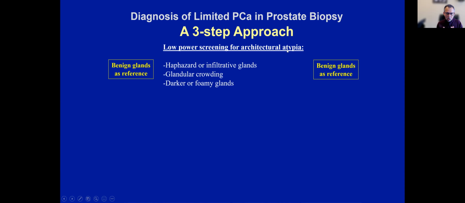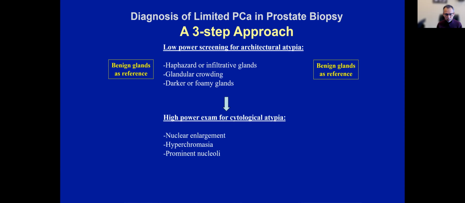Whenever you rotate to GU service and work with me, I always emphasize that you screen the prostate biopsy at 4x magnification, use benign glands as your reference point, and then anything which looks architecturally or cytoplasmically different than the benign reference glands, those are the glands that you have to focus on further at high magnification to look for cytological atypia.